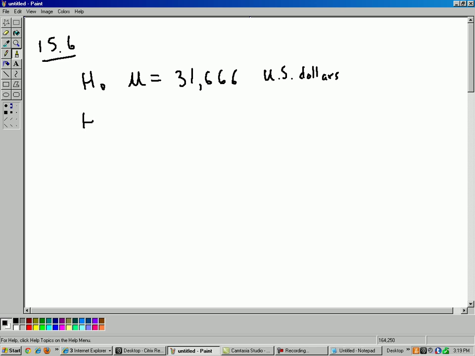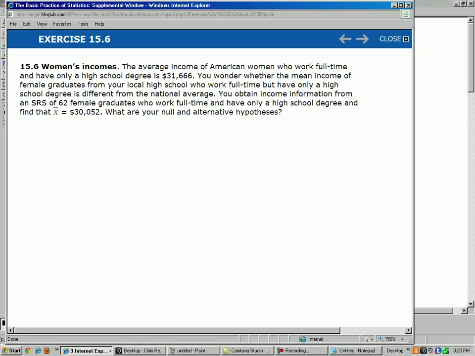All right, the alternate is something is not equal to something or greater or less. Now, to write that alternate, you have to pay special attention to the wording of the question. So let's go back to the question here. It says here, you wonder whether the mean income of female graduates from your local high school who work full-time but have only a high school degree is different.